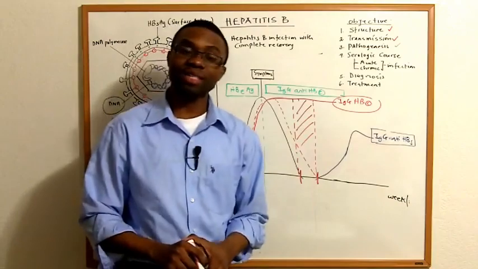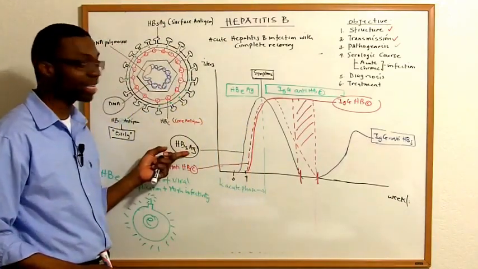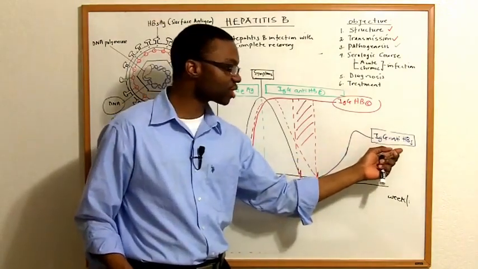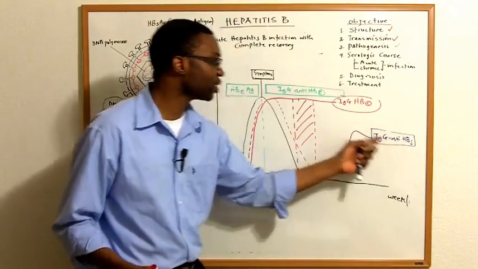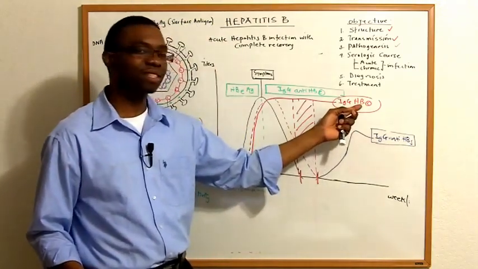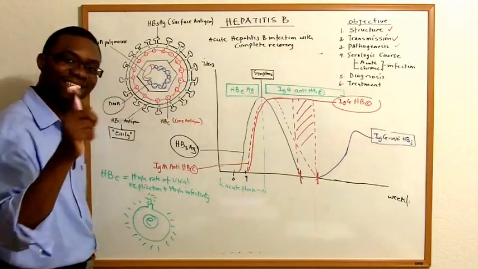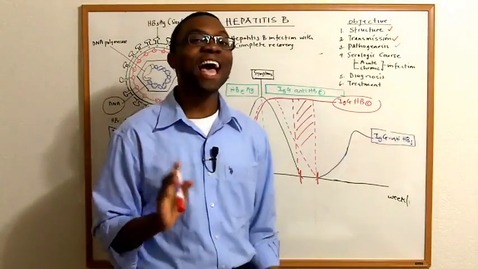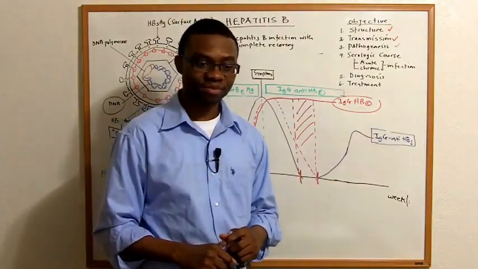So if you do a serologic test and the patient's hepatitis B surface antigen comes back negative and they don't have an IgG against the surface antigen, which means it's not being made yet from the factory, you're going to see a positive IgG against the core. And you say, look at you, you actually have an infection. You just haven't cleared the virus yet, but we can detect it. All right?